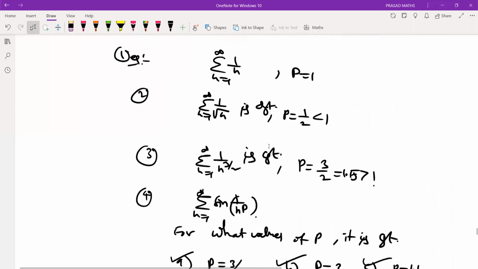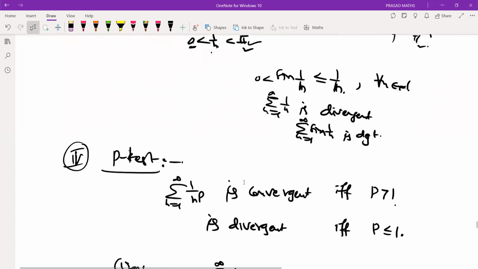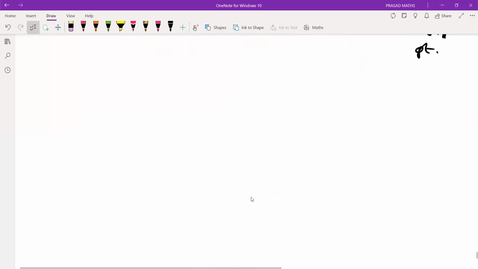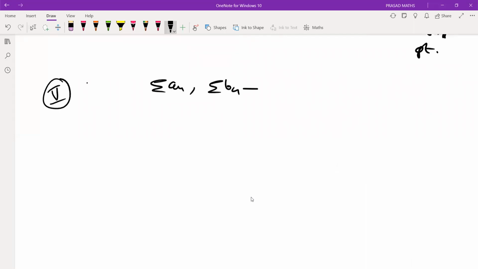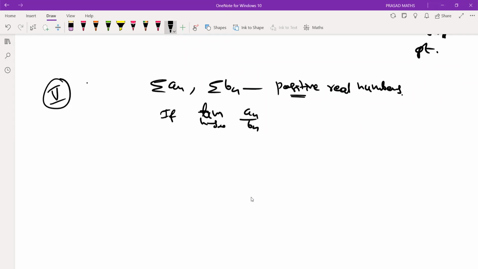So this comparison test is over. Next, this is also one type of comparison test. This is also a series of positive real numbers. Suppose you compute the limit as n tends to infinity of an by bn. Since the terms are positive, an by bn is well defined.